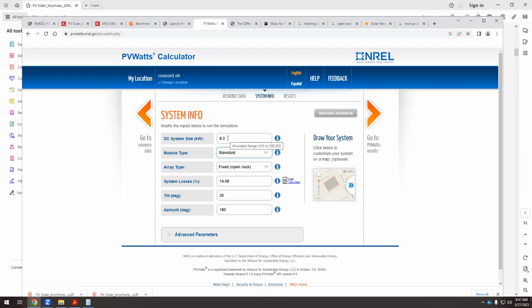We can address this in different ways. We can select the total area, then select the panel, and find out how many panels we need, and then multiply the number of panels times the PV production of each panel.